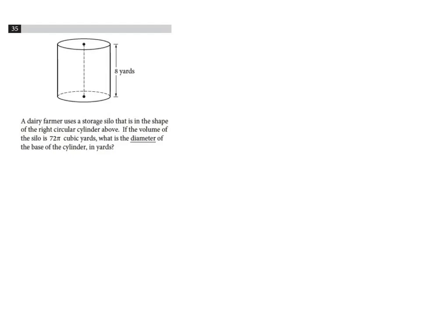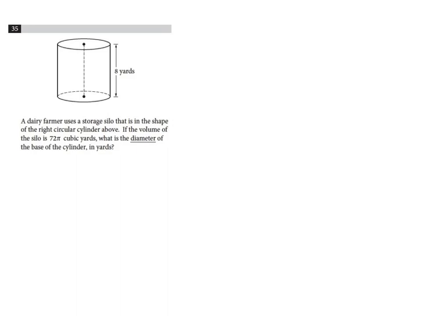Okay, number 35. A dairy farmer uses a storage silo that is in the shape of the right circular cylinder above. If the volume of the cylinder is 72 pi cubic yards, what is the diameter of the base of the cylinder in yards?